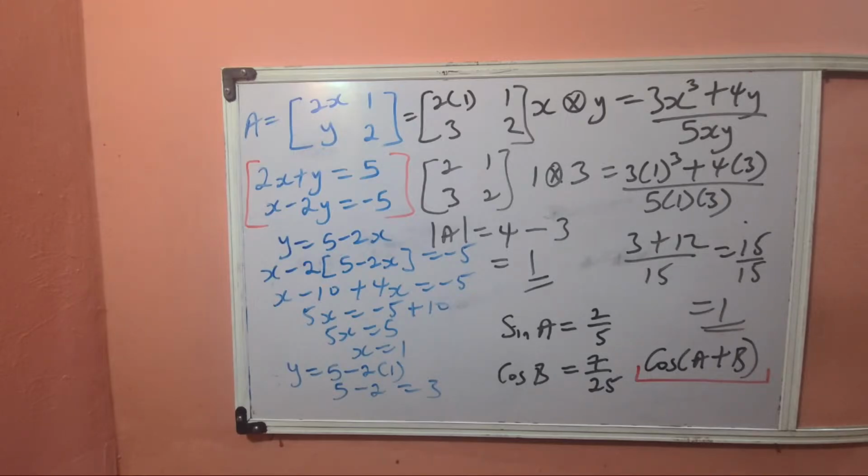So how do we solve for this? Cos A plus B. What is your approach to it? Of course, if you have been following the classes and if you have seen this in a particular video, this is an aspect of trigonometry we call compound angles.